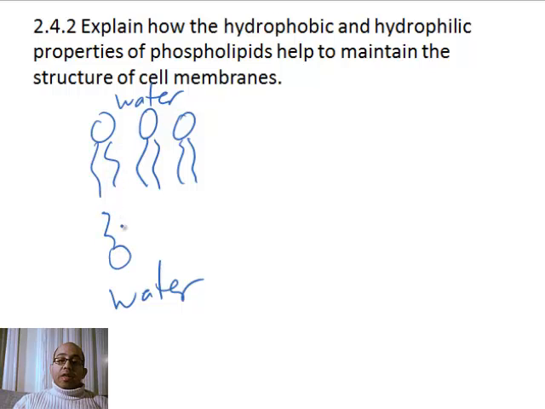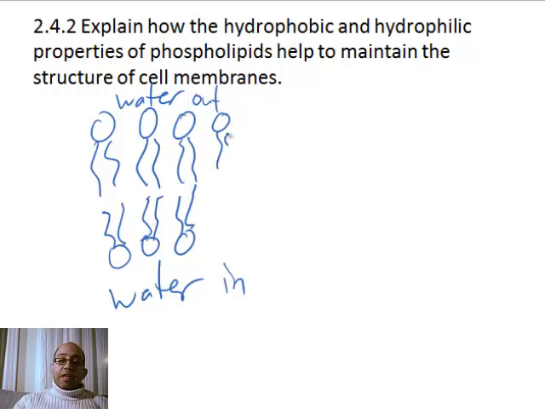So the way that you can create a friendly situation for the phospholipids is that you have the polar heads facing out towards the water outside the cell and the water inside the cell. So by having two layers, again with the tails facing inwards away from the water and with the heads facing outwards towards the water.